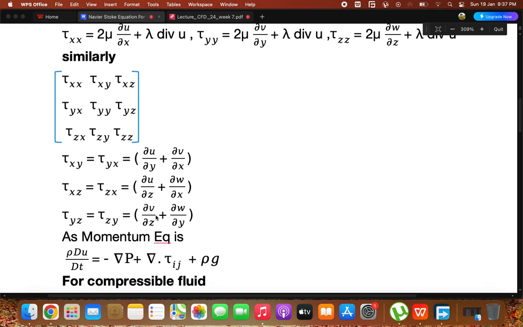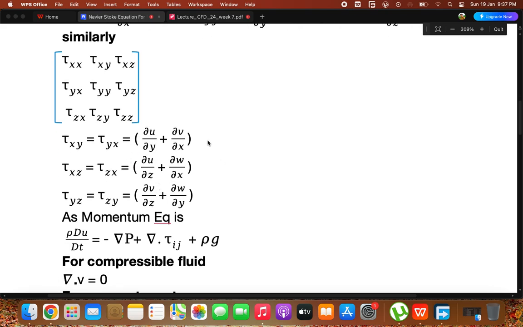Similarly, for the x component the velocity component is u, so we have partial u upon partial y, plus for the y velocity component v, partial v upon partial x.